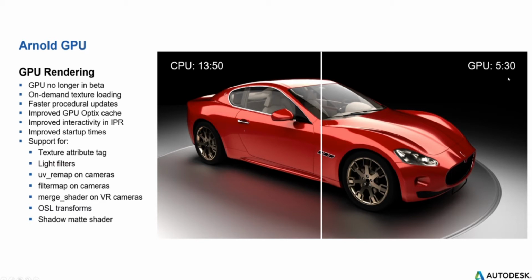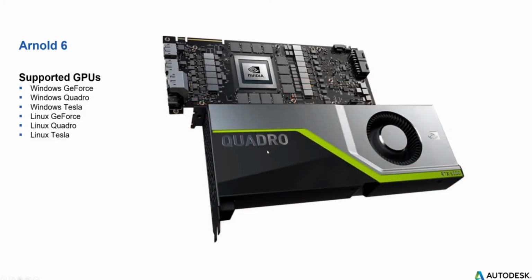On the GPU of my laptop, which is already a Quadro card, it renders in 5 minutes and a little bit. So that is significantly faster. 2 to 3 times faster. And the bigger the scene is, the more advantage you have with the GPU. Now, it's not the goal to render with a cheap GPU on your laptop. The actual goal is to render with a full-blown GPU like these RTX cards here.